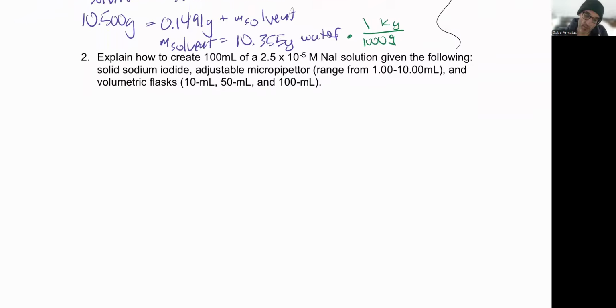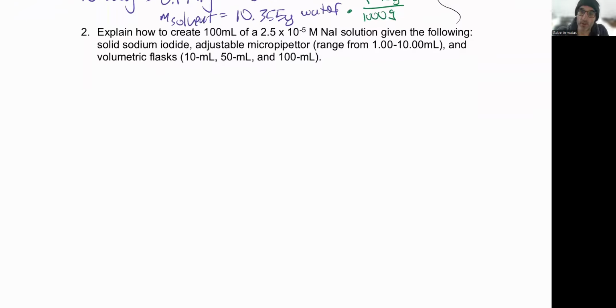This next one's a little more involved. I'm going to think about it a little bit more in terms of the ways that we can solve it. So let's first of all determine what the actual goal of this is. Explain how to create 100 mL of a 2.5 times 10 to the negative 5 molar solution of NaI.